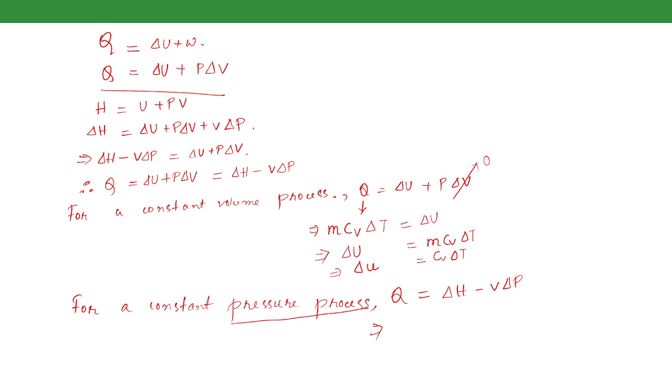It is the amount of heat required to raise the temperature of unit mass of a substance by unit degrees, provided the heat transfer is carried out at a constant pressure. So we use a subscript P here, Cp. Delta P at a constant pressure process will be 0, so this is delta H. So we can write delta H as m Cp delta T, or in specific terms, delta H is equal to Cp delta T.